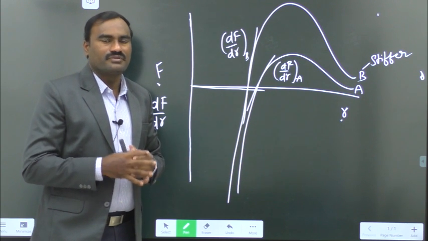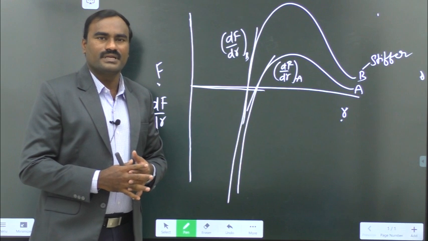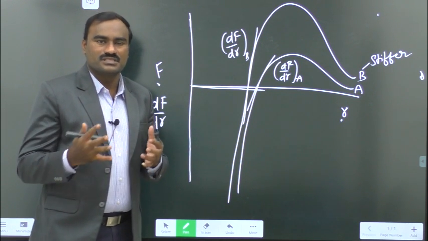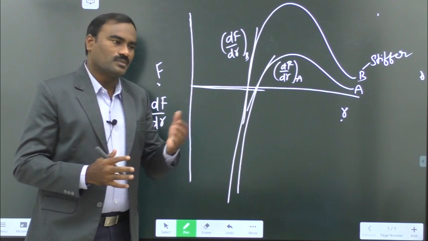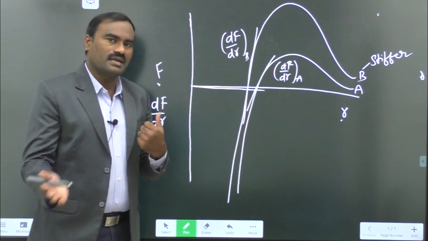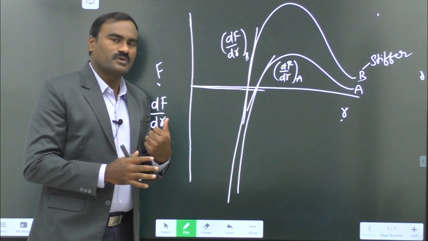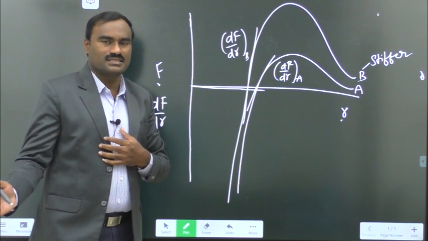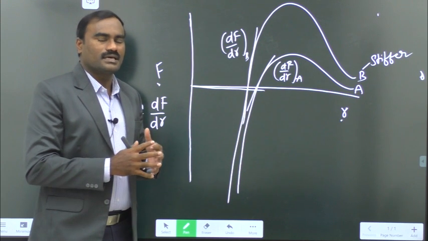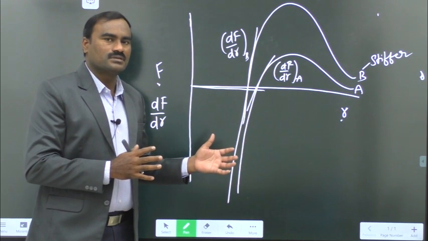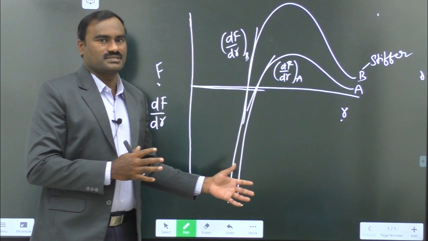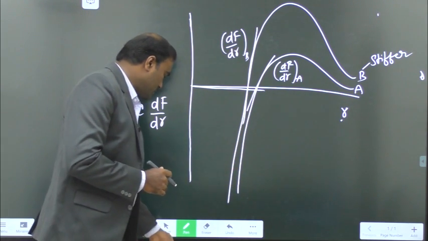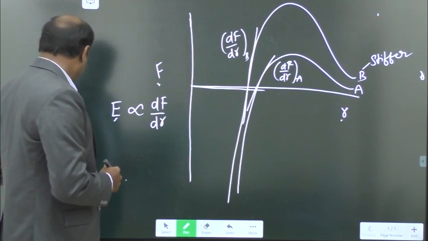That means if you apply the force, the material undergoes some plastic deformation, that means strain will be induced, but the moment you remove the force, it will not regain its original shape. That is called plasticity. So here we have seen elastic deformation. Okay, so now this is all about the stress strain curve.